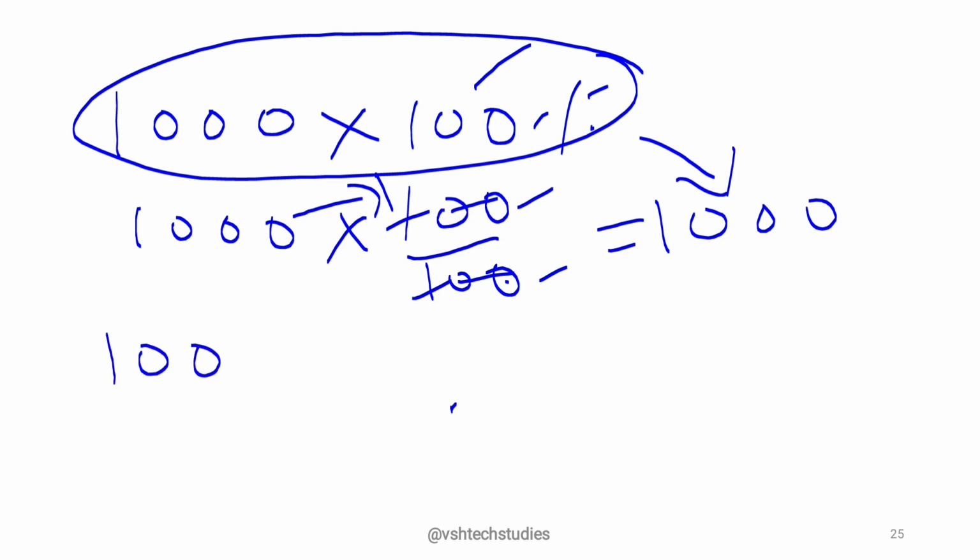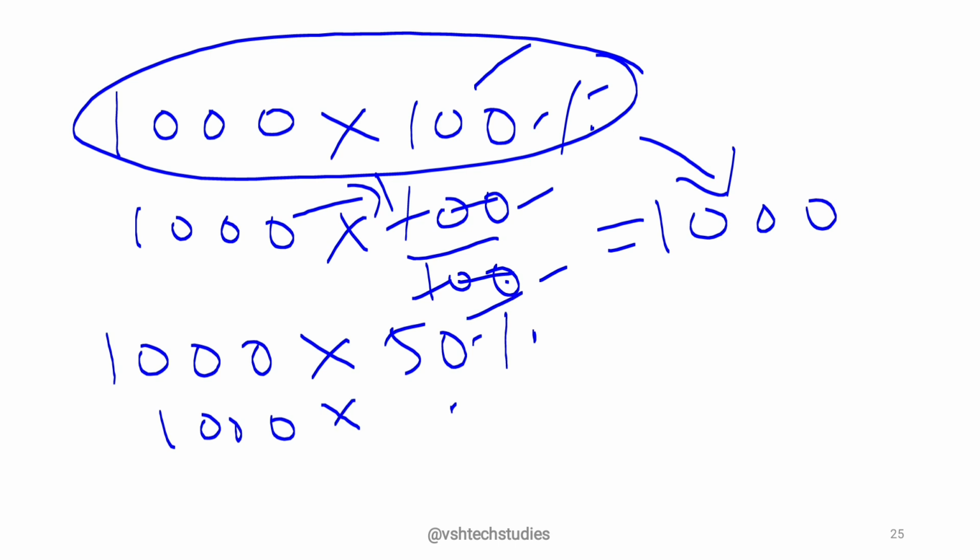Similarly, if you have 1000 rupees and you take 50%, how to do the computation? Take 1000 rupees multiplied by 50%. 50% means 50 upon 100. Out of 100, 50 is taken. That is what 50% is. If you evaluate this, 1000 divided by 1, two zeros are cancelled.